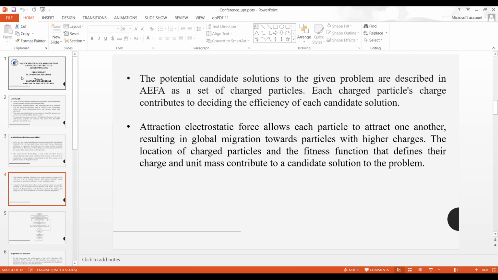AEFA employs the electrostatic force of attraction, whereby each charge attracts one another, which results in global migration towards the particles with the higher charge in the electrostatic field. The location of the charged particles and the fitness function that defines their charge and unit mass contribute to a candidate solution.